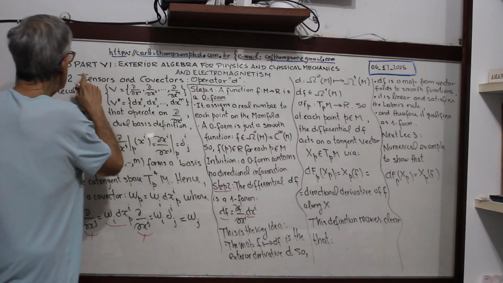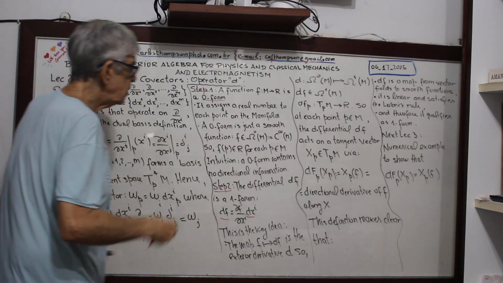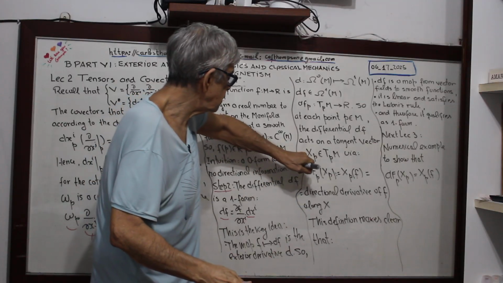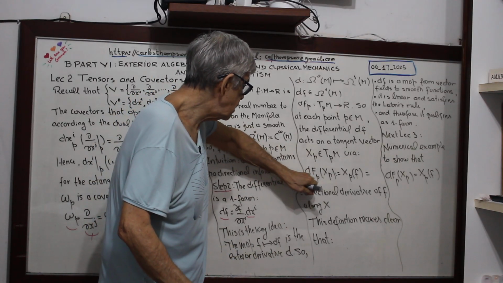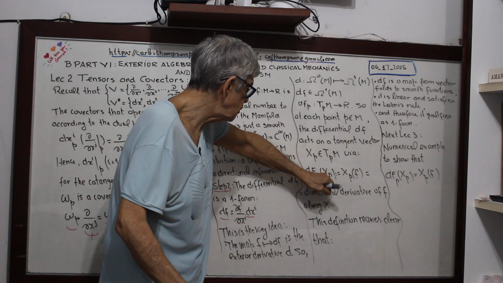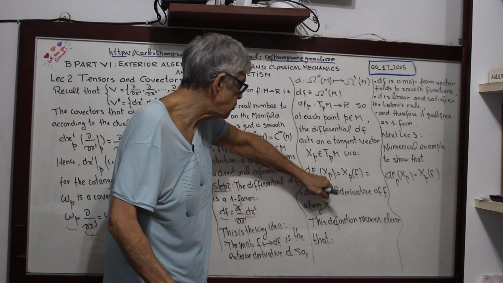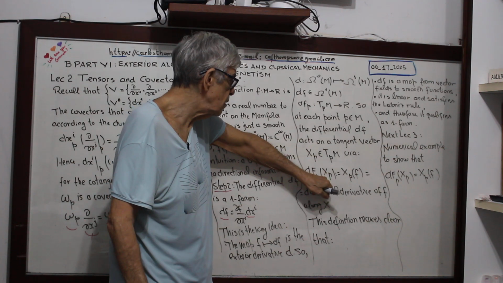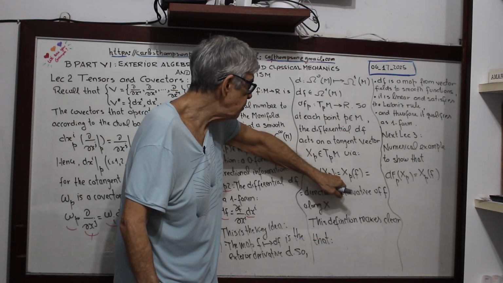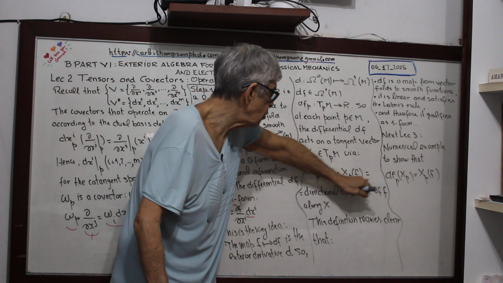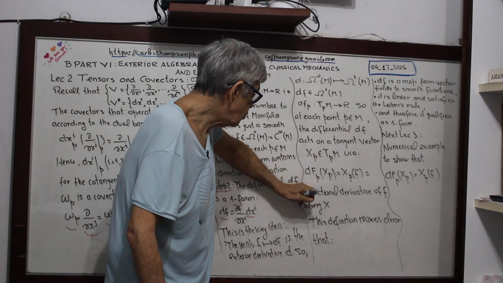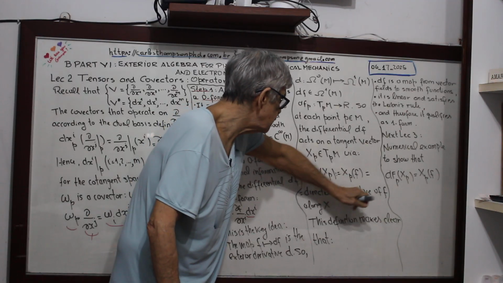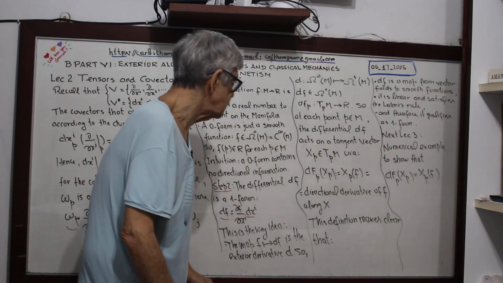In part 5, we derived what this tangent vector X_p is. So df_p acting on this tangent vector, by definition, is the tangent vector acting on f. So it is equal to the directional derivative of f along X.